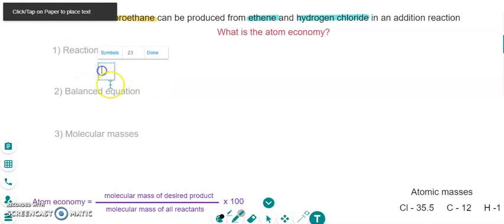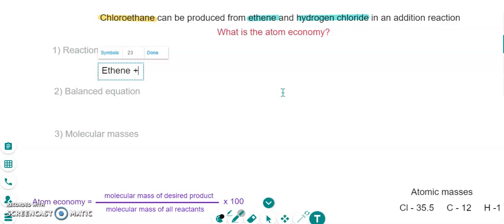So if we wanted to write this as a word equation, this would be ethene plus hydrogen chloride forms chloroethane.